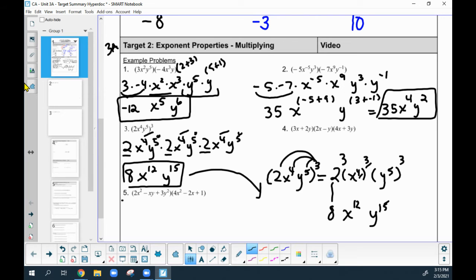I'm going to go to the other page to do the other 2, because as I said, if you take a look at both of these, you've got polynomials being multiplied. 3 terms multiplied by 3 terms, you're going to end up getting 9 things possibly there. And then here you've got binomial times binomial times binomial.